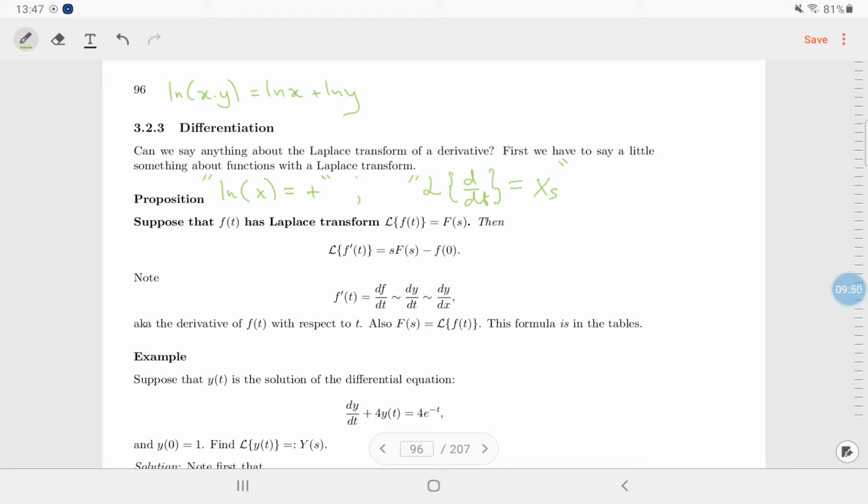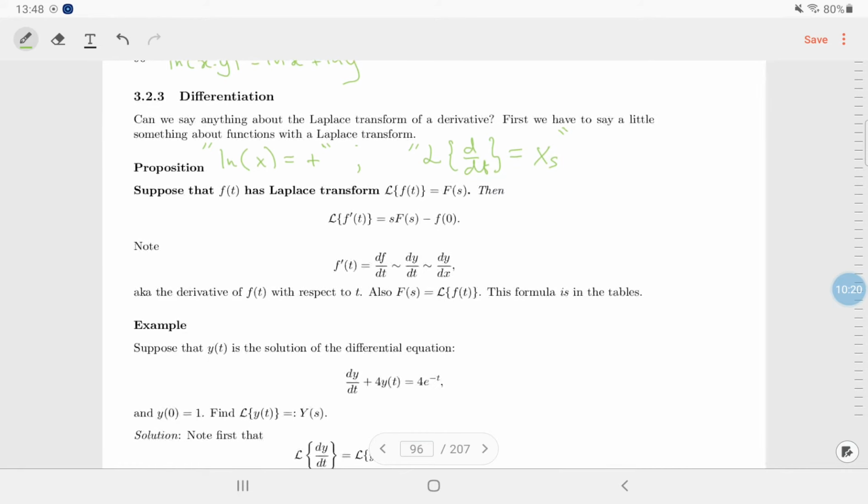What I mean is, if you have a derivative in the time domain, that derivative will turn into just multiplication by s in the s domain. So differential equations, where you have derivatives, can be turned into just algebra equations. You can turn difficult differential equations in the time domain into easy algebra equations. And that's very, very powerful.